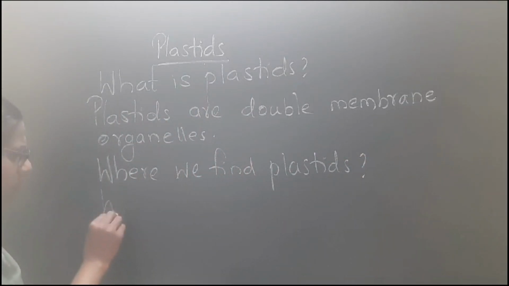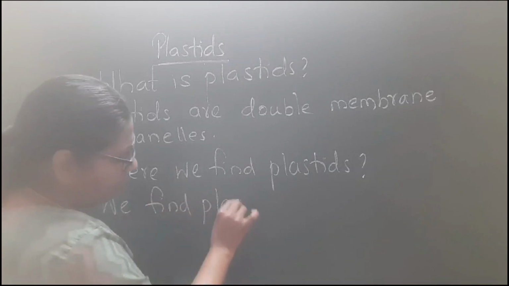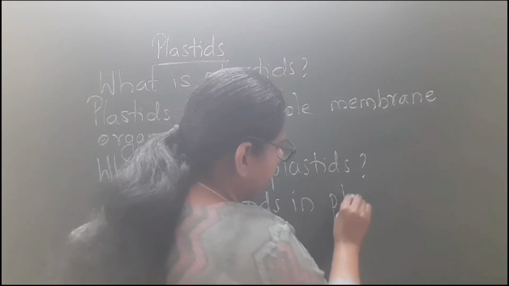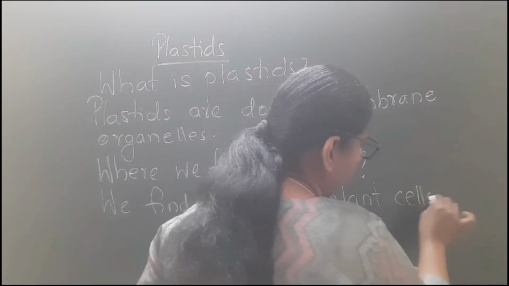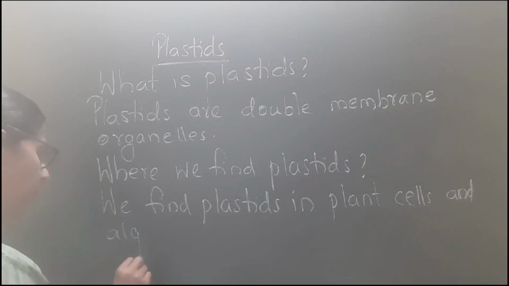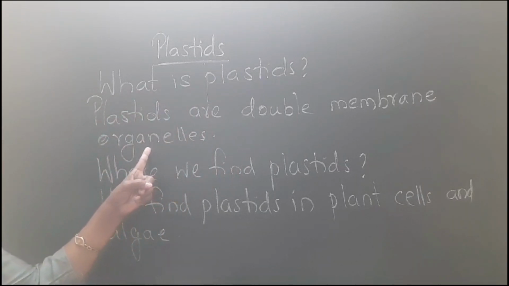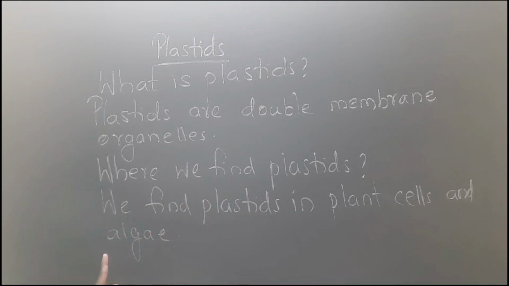We find plastids in plant cells and algae. What is plastids? Plastids are double membrane organelles. Where do we find them? We find plastids in plant cells and algae.